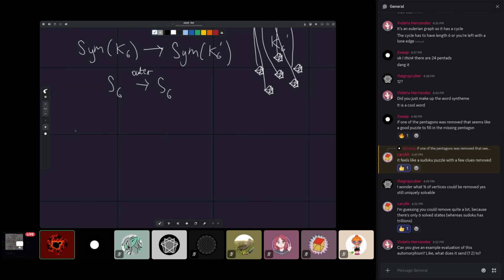The fact that the normal subgroups of S6 are the trivial one, A6 and S6. Has anyone seen this, not seen this? I can't prove it now.